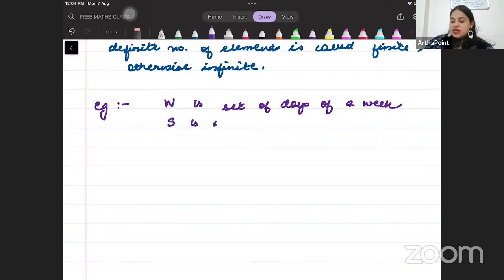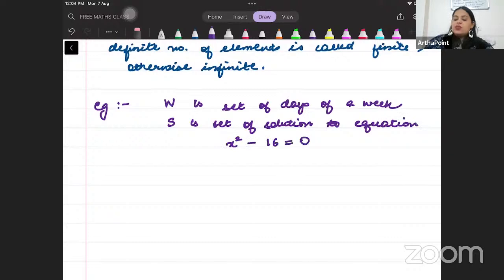S is the set of solutions to the equation x square minus 16 is equal to 0. So beta, when I write down this equation, x square minus 16 is 0, x can take only finite values, plus minus 4, hai na? So x is going to be plus minus 4. So beta, that again means that it is a finite set.